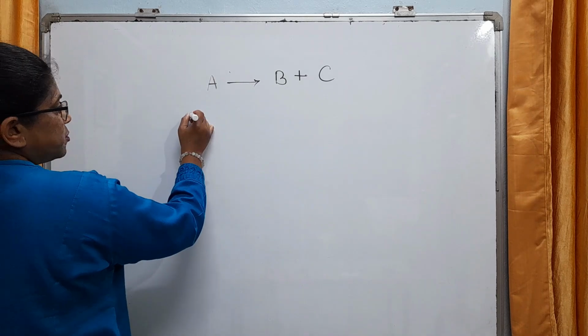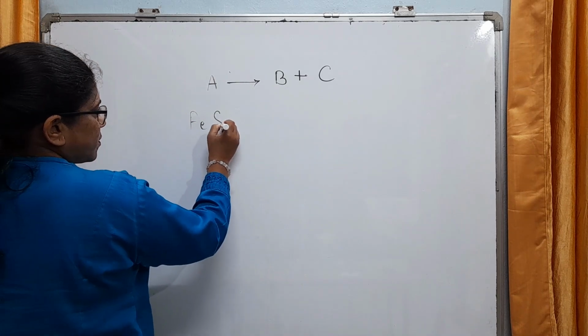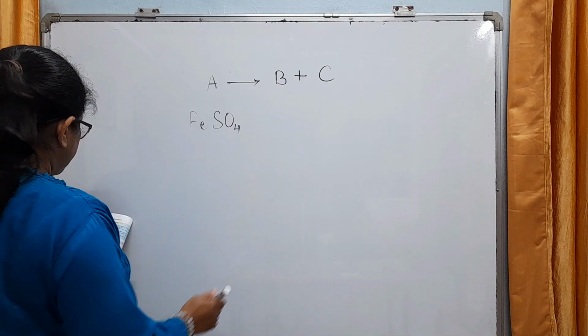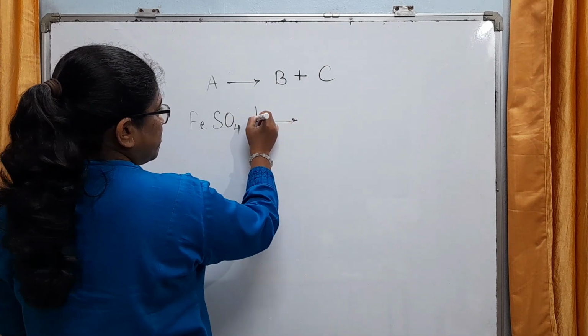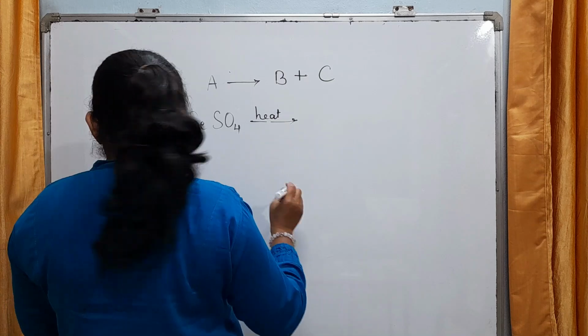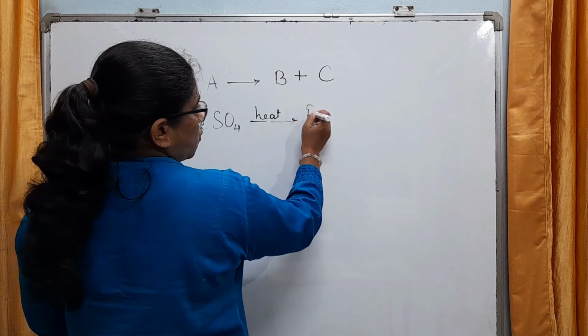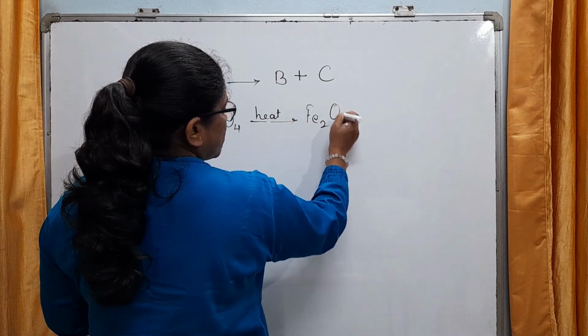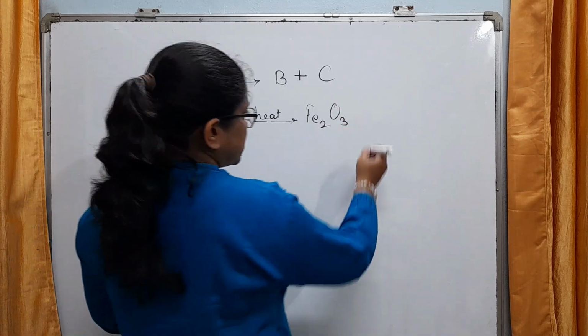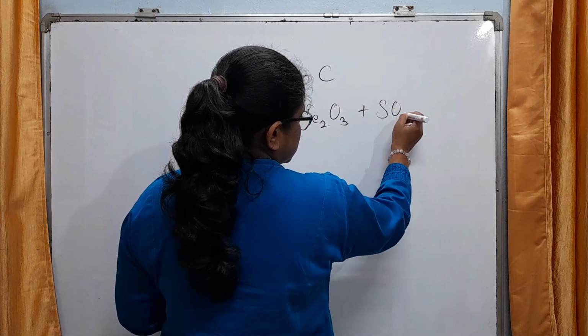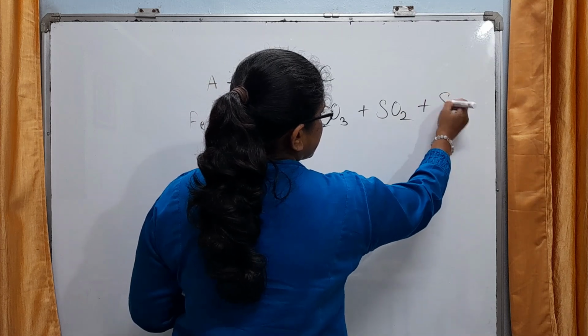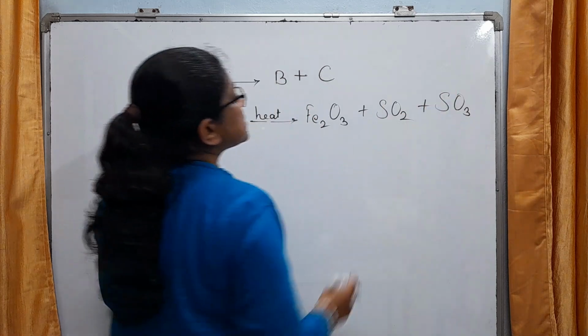Now here the example is ferrous sulfate. If we heat ferrous sulfate, then we get ferric oxide, sulfur dioxide plus sulfur trioxide.